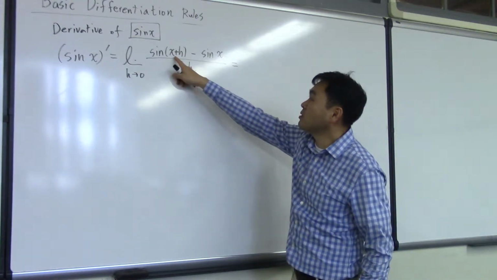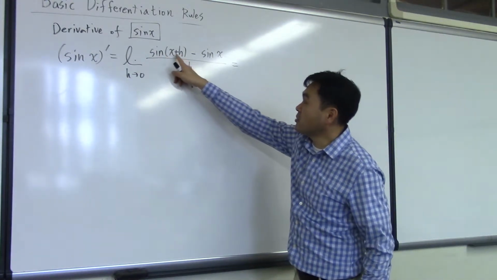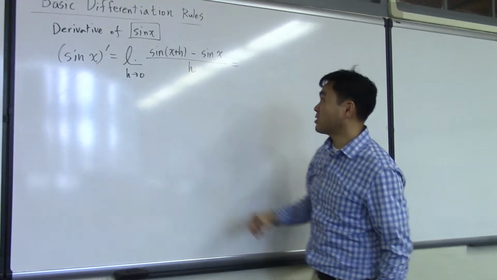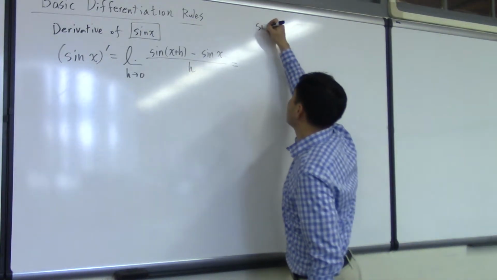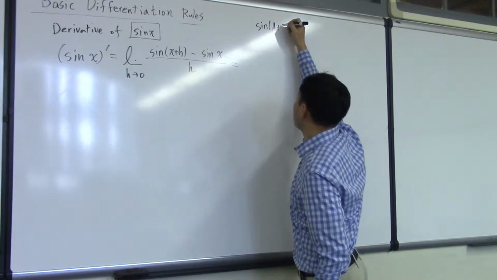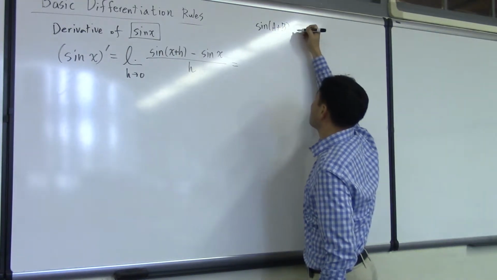One formula you need for handling sine of x plus h is the angle sum formula for sine.